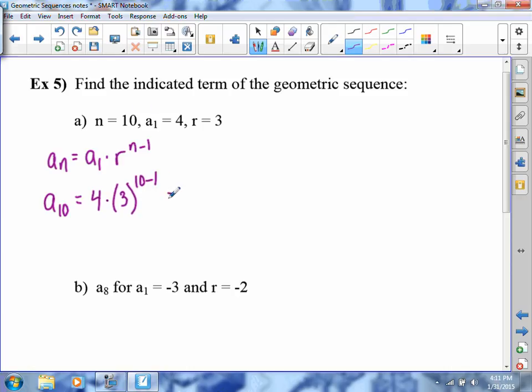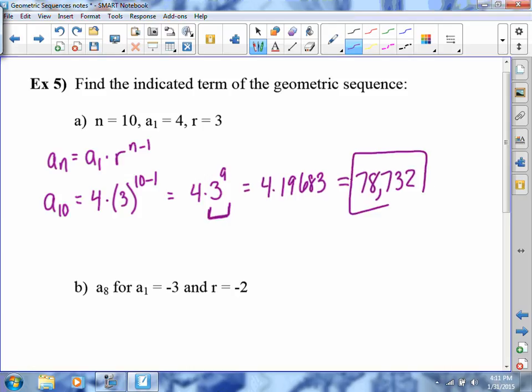Okay, now we're going to simplify this a little bit. 4 times 3 to the 9th. 10 minus 1 is 9. Now remember, just like when we were doing those interest problems, you have to do that power first. So 3 to the 9th, you have to do that first. So you get 19,683 times 4, which is 78,732.